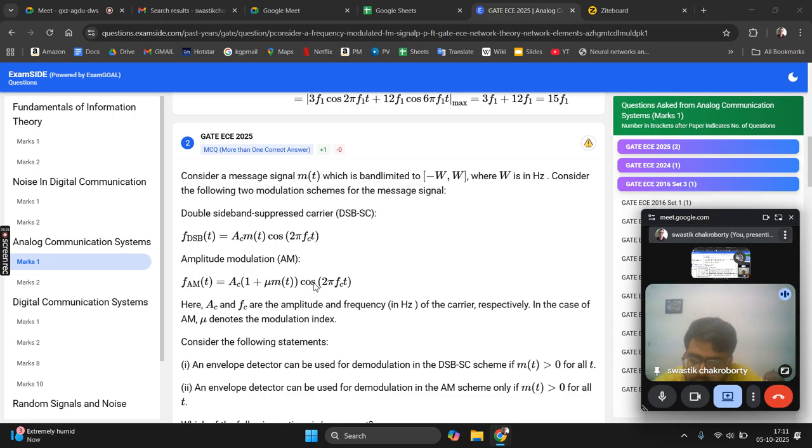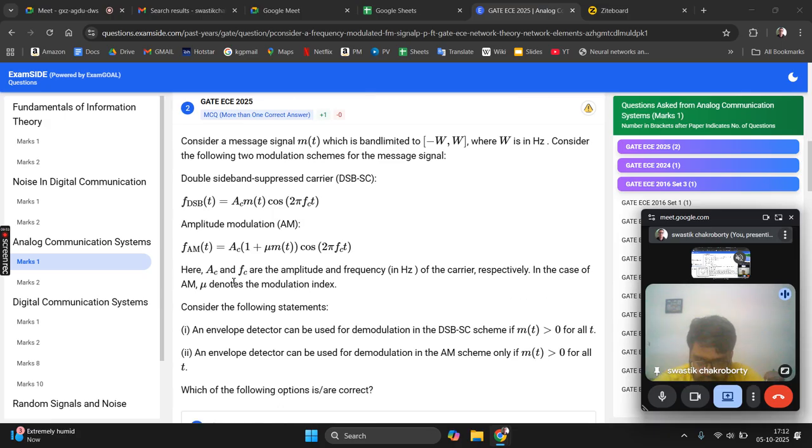So there is a message signal m(t) which is band limited between -W to +W, and we have to take two different modulations of that, one DSB and one AM. Here Ac and fc are the amplitude and frequency of the carrier respectively. In the case of AM, mu denotes the modulation index.